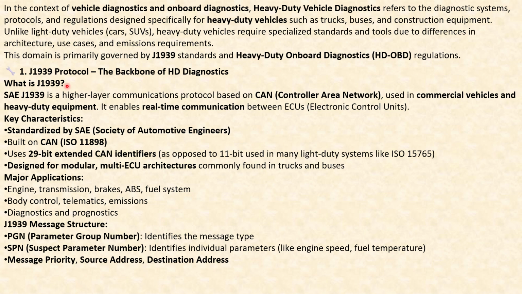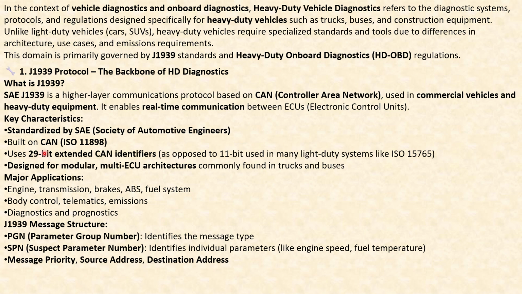Now, what is this J1939 protocol? It is a high layer communication protocol based on CAN used in commercial vehicles and heavy duty equipment. It enables real-time communication between ECUs, that is electronic control units. Now, what are the key characteristics? First, it is standardized by SAE.